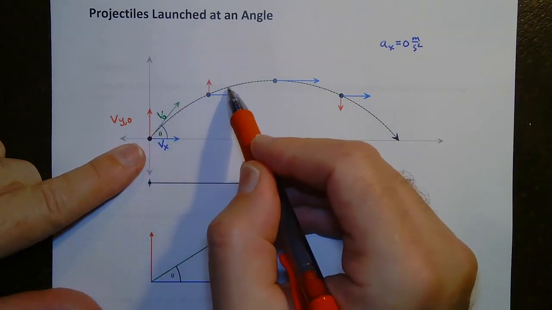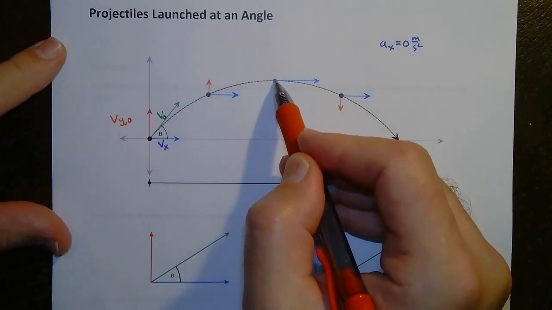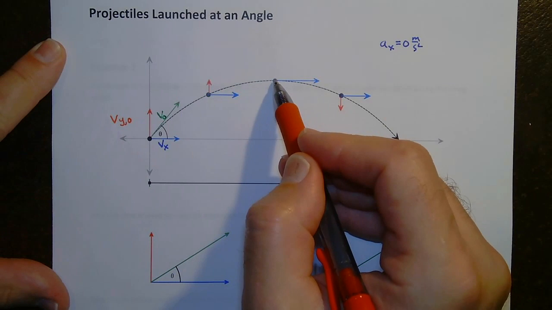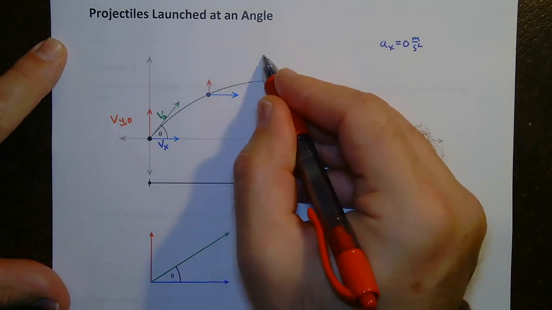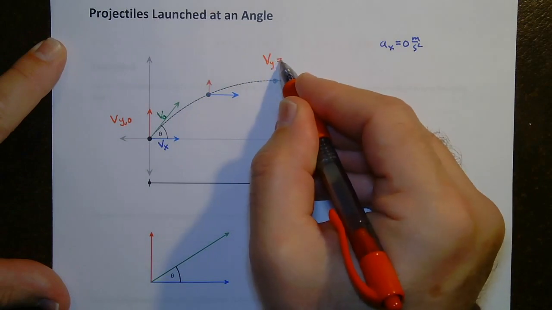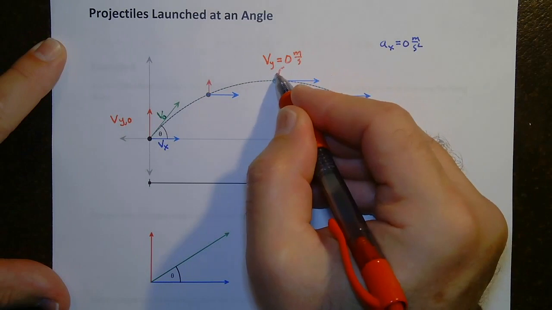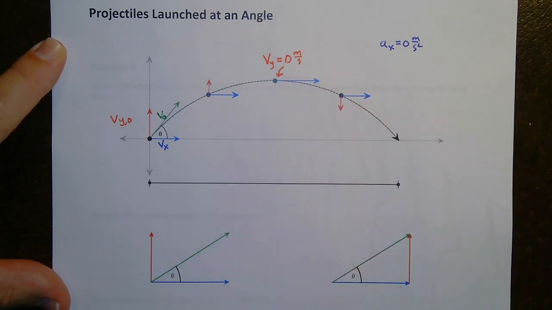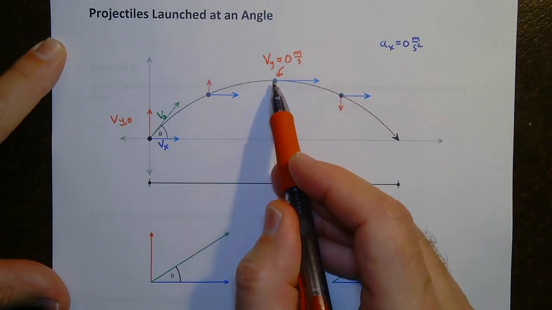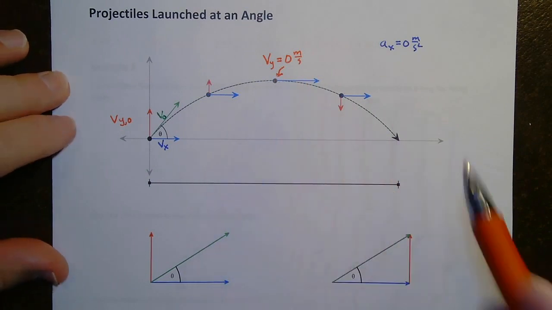It's getting smaller as we go up, until right here, where the velocity v sub y is equal to 0 meters per second. So right there, the vertical velocity is 0.